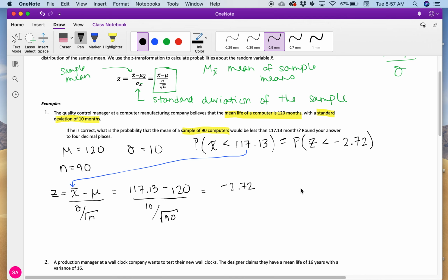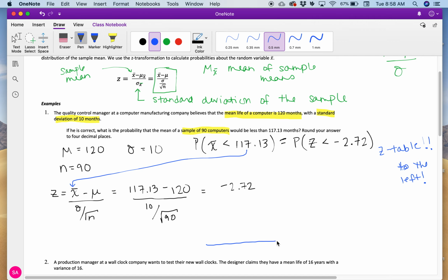All right, and this is where the z-table comes in. Hopefully you remember, you guys just had an exam on this. Z-tables are from the left. They give you the area to the left, and that's all they give you. That's good news, because that's exactly what we want here.